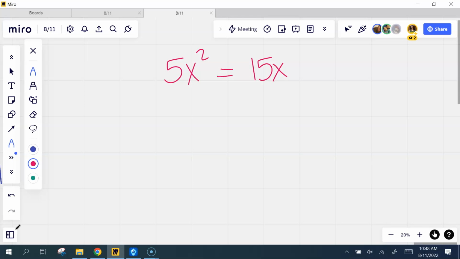I hear it's impossible. How are you supposed to factor it? What the heck? CBF. It is not CBF.